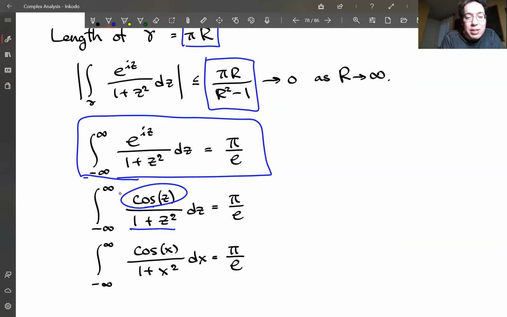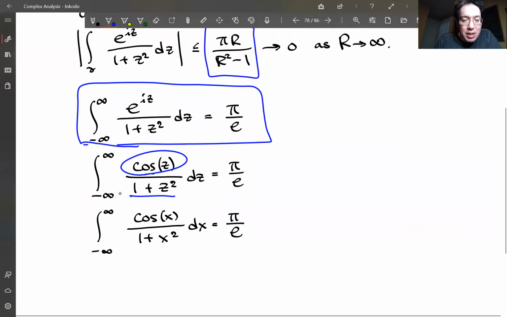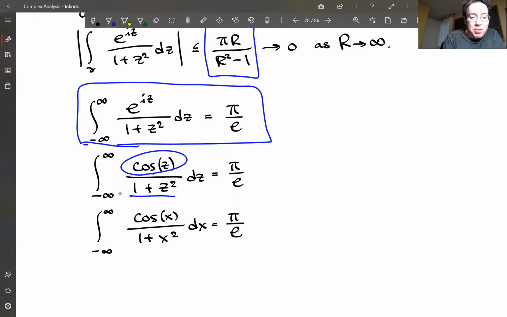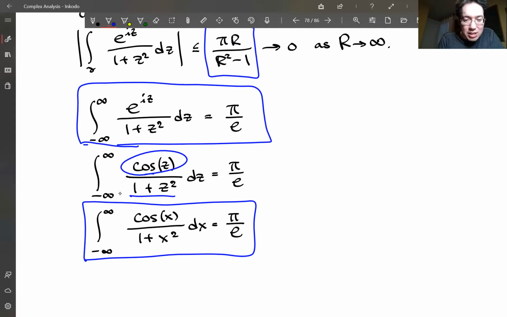The denominator is always real, because as z changes from negative infinity to infinity, you are staying on the real line. Then I'll just rewrite the integral using x instead of z, because in this expression you're always using the real value of z, sticking to the real line.